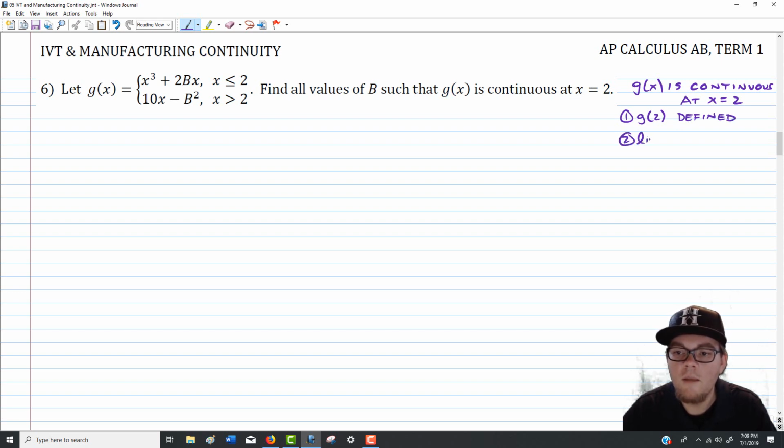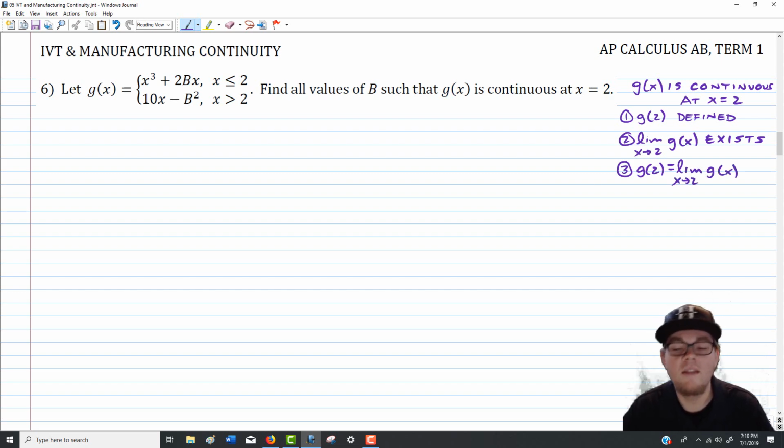Second, we need to show that the limit as x approaches 2 of g of x exists. By the way, this is something you should know. And third, we need to show that g of 2 equals the limit as x approaches 2 of g of x. At that point, we could say that therefore g of x is continuous at 2.